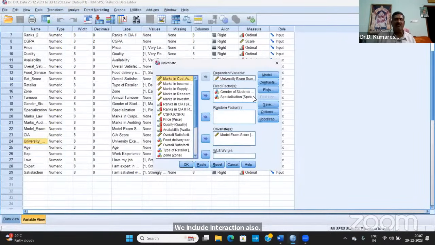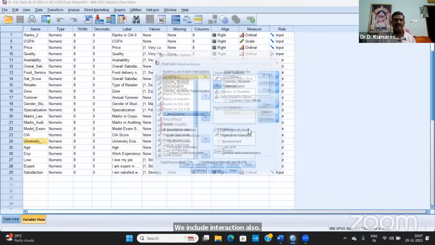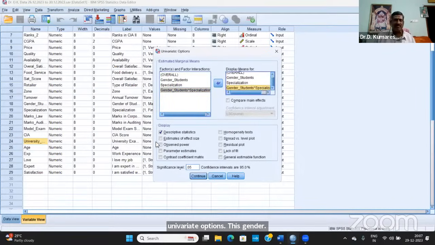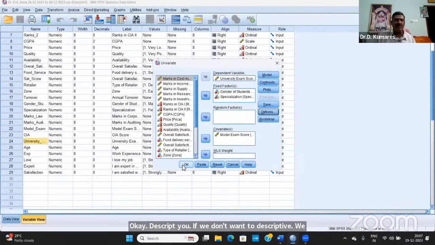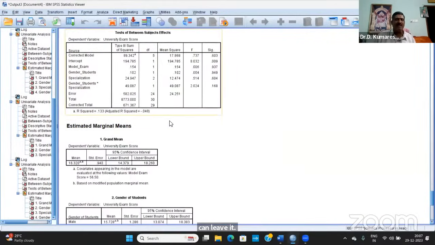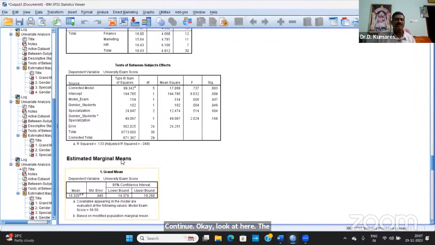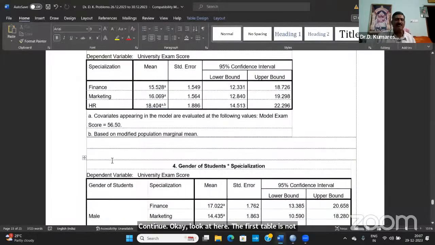General linear model, univariate, options, this gender also. Descriptive, if we don't want descriptive, we can leave it. Continue. Okay. Look at here. The first table is not shown.